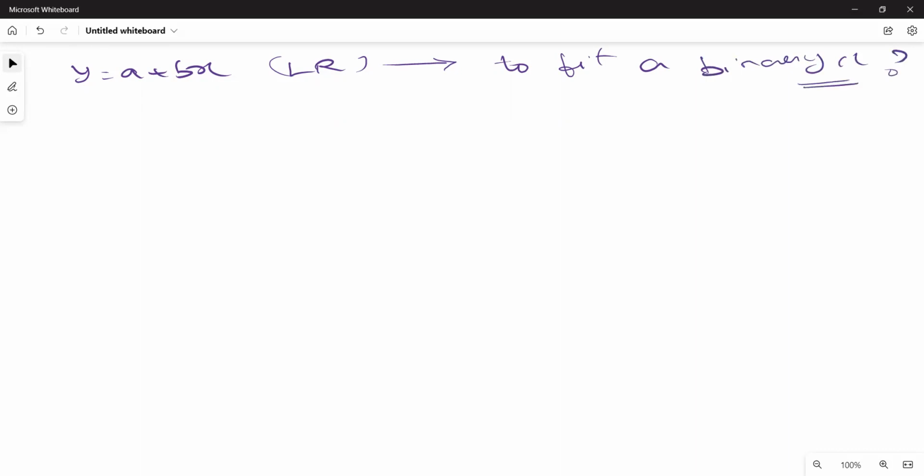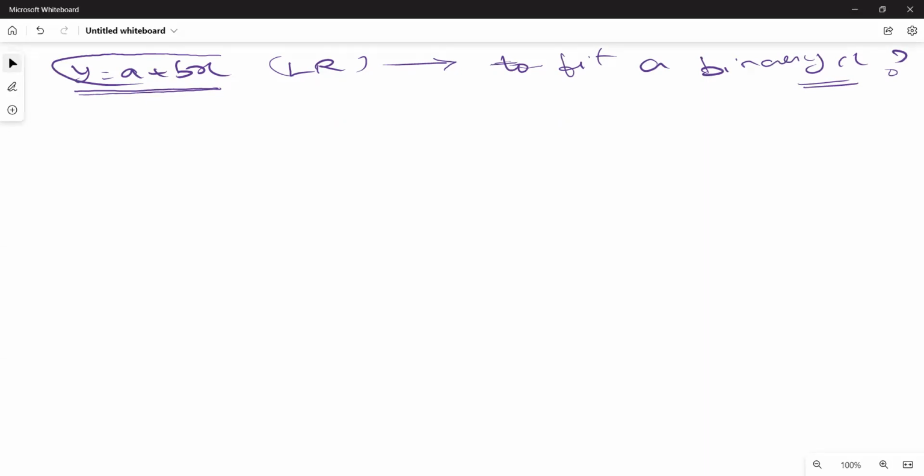What do you think, based on whatever you have learned in linear regression and with the introduction of logistic regression? Why am I not using this equation to fit a binary classification? Can anyone guess why?